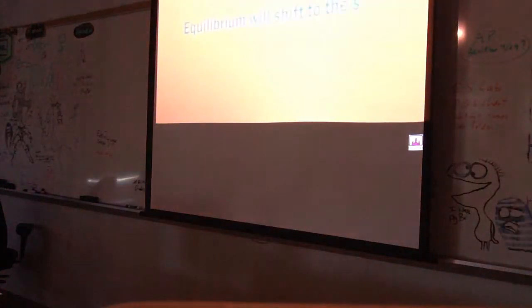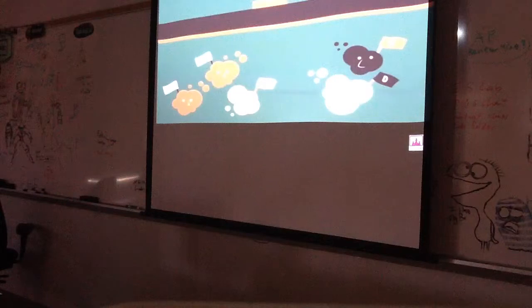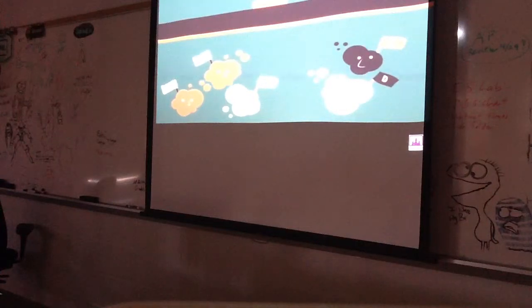Equilibrium will shift to the side of the reaction with fewer moles. In our example, an increase in pressure will cause equilibrium to shift to the right, since there are fewer moles. 2 moles compared to 3 moles on the left.